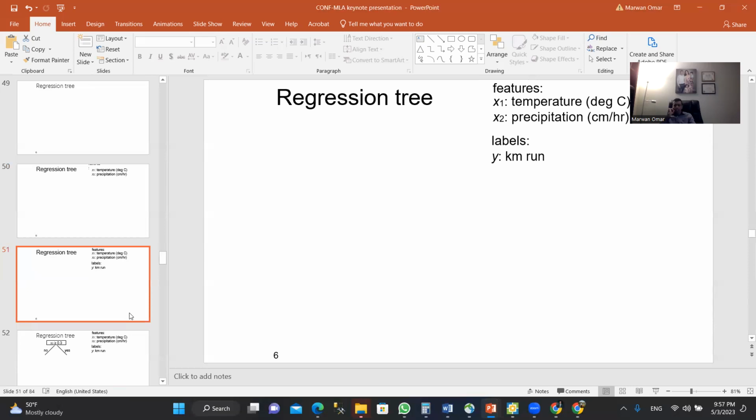The idea is that somebody is trying to decide whether or not they want to run. So in this case, they can build a decision tree with a regression topic. And they want to decide whether or not they are going to run based on the temperature. And they will decide how much they will run based on how warm the temperature is.